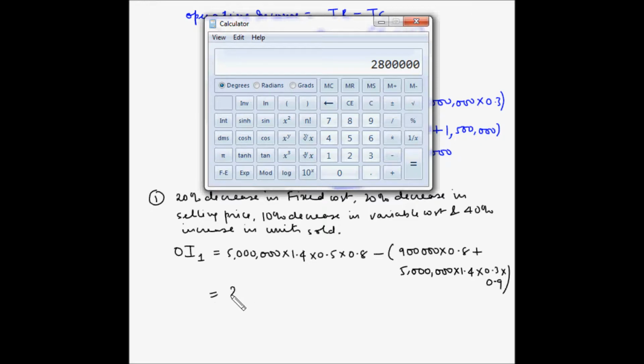So this is 2.8 million minus 900,000 multiplied by 0.8. This is 720,000. Plus 5 million multiplied by 1.4 multiplied by 0.3 multiplied by 0.9. So 1.89 million.